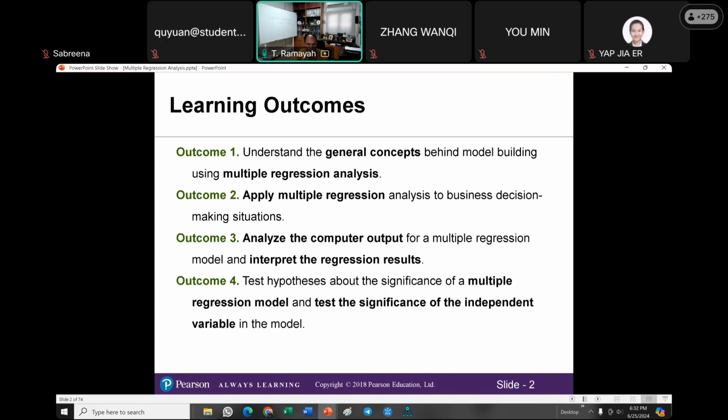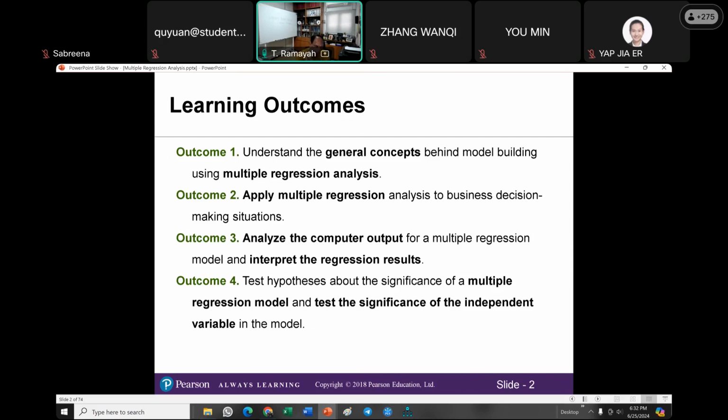We have 7 learning outcomes for this chapter. Outcome number 1 is we will try to understand the general concepts behind model building using multiple regression analysis. And this particular analysis is the most powerful analysis available in the first generation analysis. And this will become the building block for any kinds of analysis you plan to do after this.